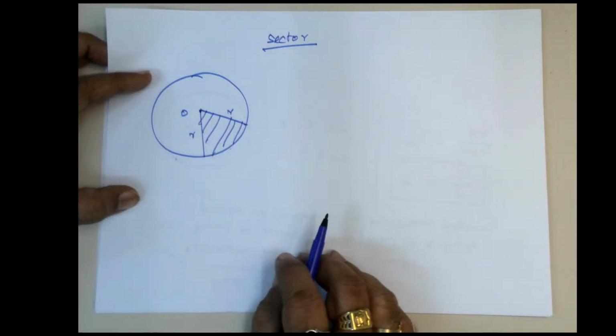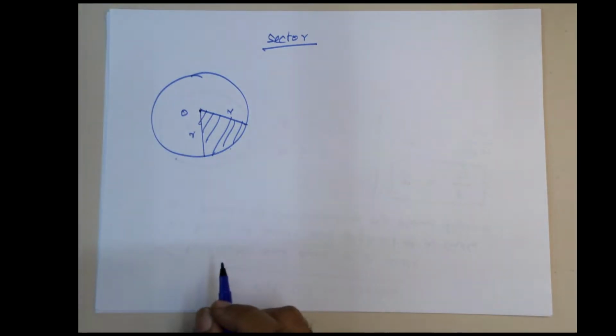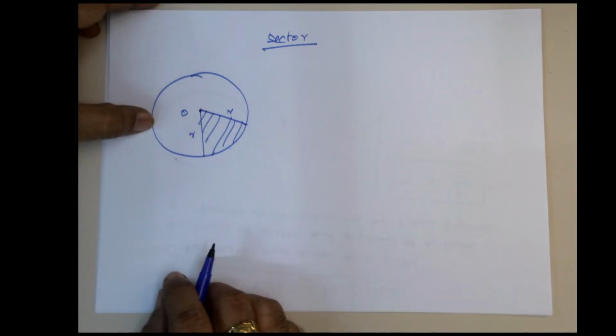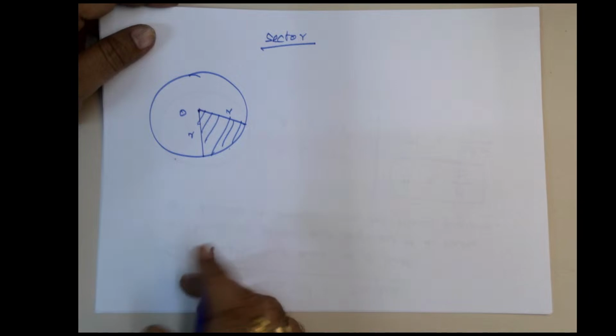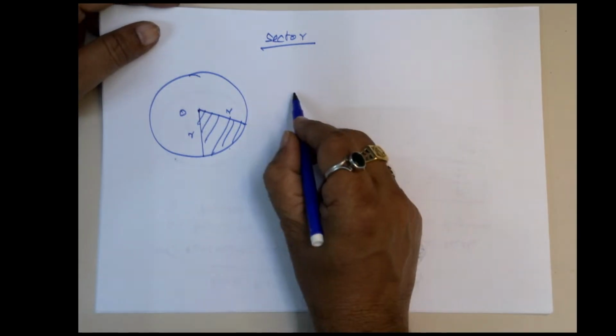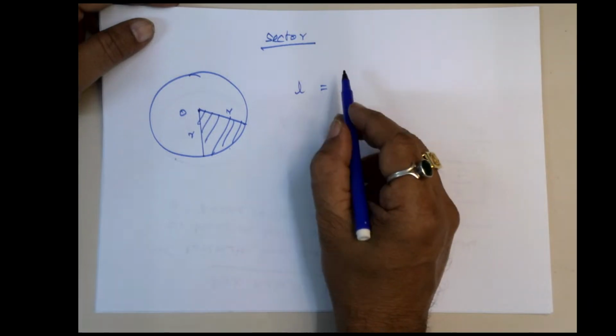Do you understand? So the length of a sector with radius r and angle with degree measure theta is represented by L, the length of an arc of a sector.